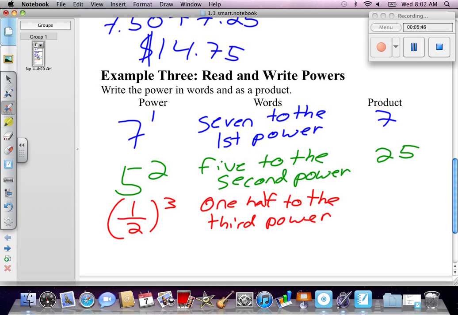What is it going to be? 1 times 1 times 1 is 1. 2 times 2 times 2 is 8. And you can put this in your calculator. Some of your calculators will do fractions. Others you just do 1 divided by 2 and then take it to the third power. It's going to give you a decimal as an answer in most cases.